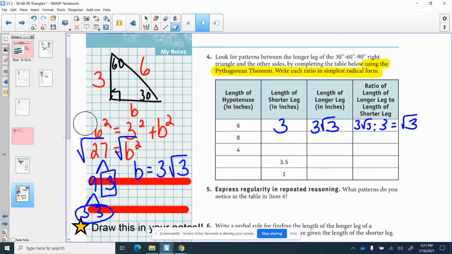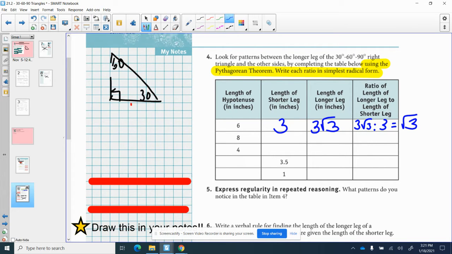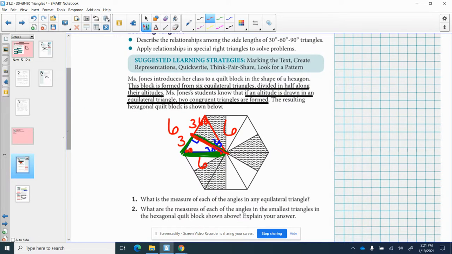Now, similar to what we talked about yesterday, the process is going to be the same each time. If we change this up so that our hypotenuse is now 8, all sides of our equilateral triangle would be 8. Thus, each piece here is going to be 4 and 4.